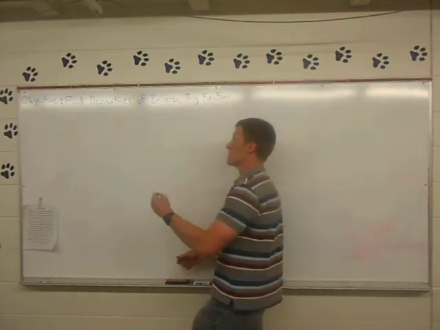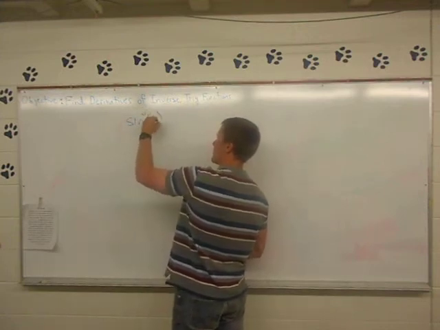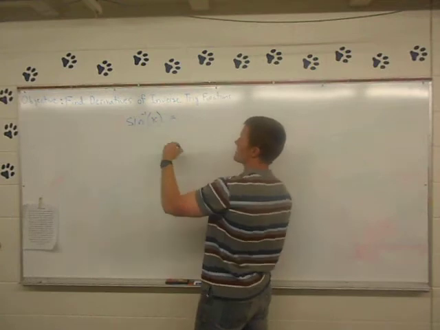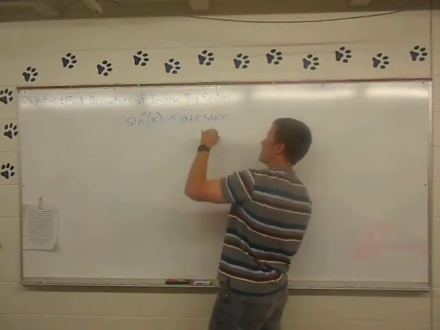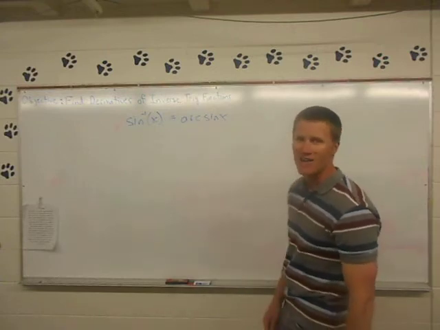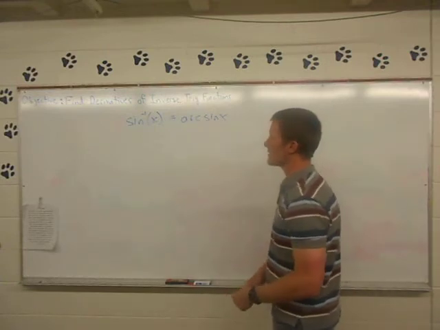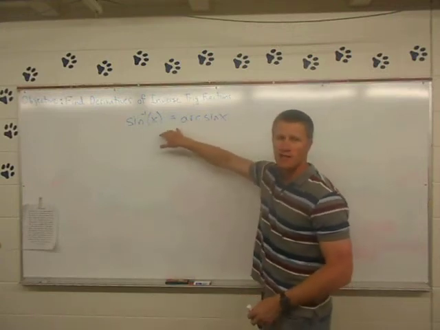A little notation, inverse trig, you're probably thinking notation like this. Remember that means inverse, not to the negative 1 power. And because that's confusing, some people use arc sine, or arc cosine, arc tangent, arc secant. You get the idea. This notation is interchangeable.